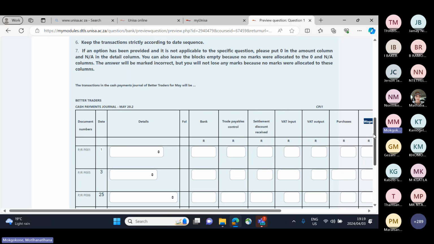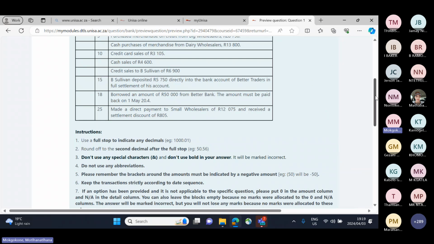Let's go to transaction number 25. Here they are saying the business made a direct payment to small wholesalers of 12,075 and received a settlement discount of 805. Here you must remember there are two transactions involved.